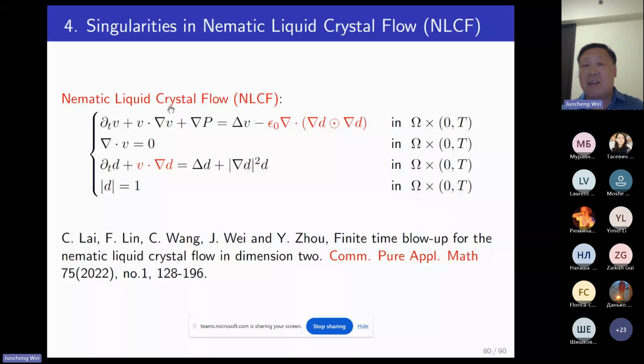And we can show that actually the Navier-Stokes in 2D, if you combine with harmonic map, also has a singularity. So this method actually is very powerful. It works for any non-radial and radial case.